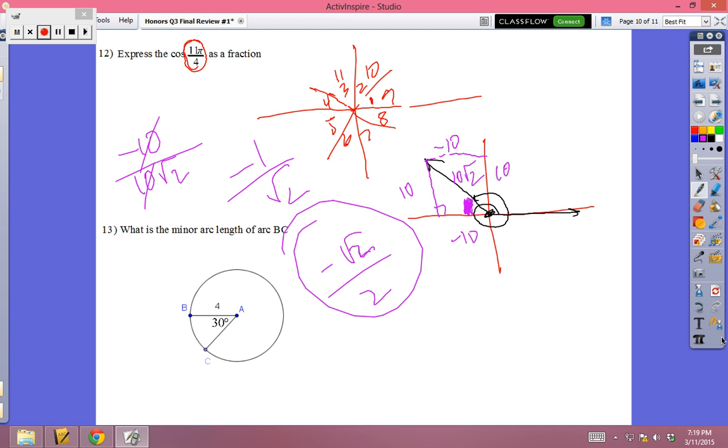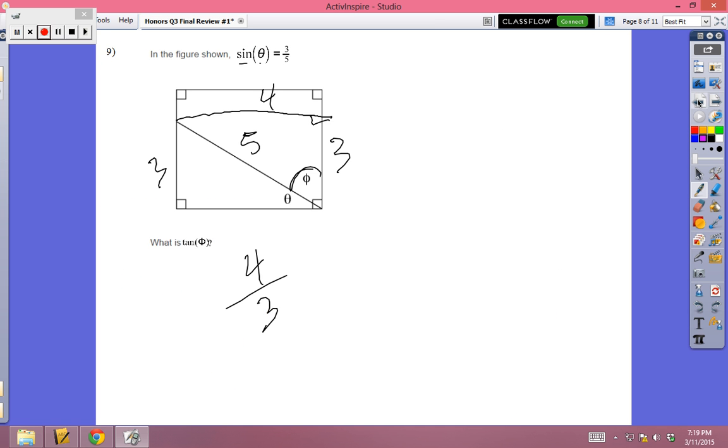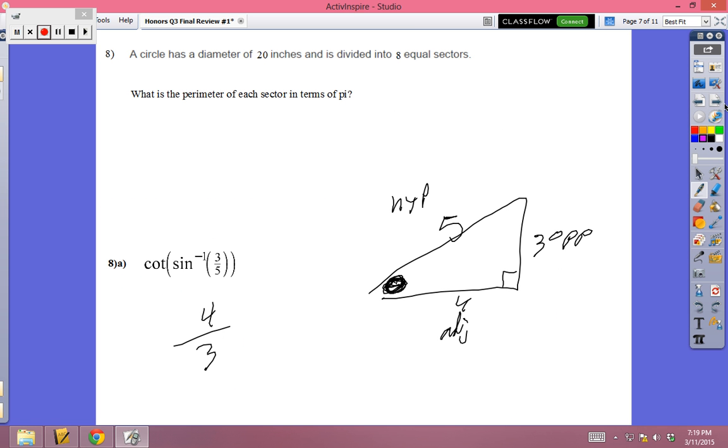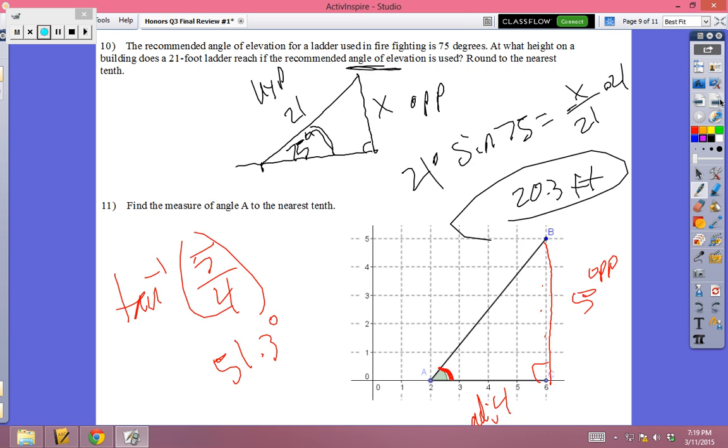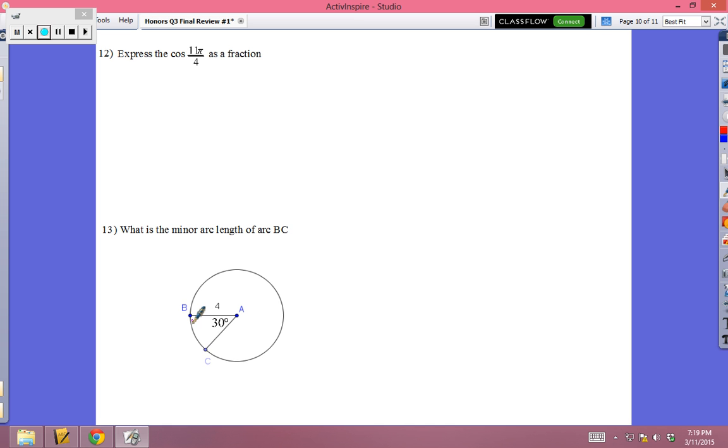Okay, number 13. 13 is almost the same question as this ice cream cone one we found back here, number 8. So 13, they want the minor arc from B to C. So they want the shortest arc, this one, not all the way around. Okay, 30 degrees. 30 degrees, hopefully you can change that to radians real quick. 30 degrees is going to be pi over 6.